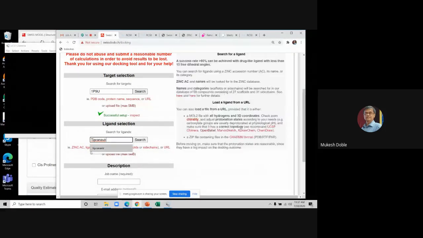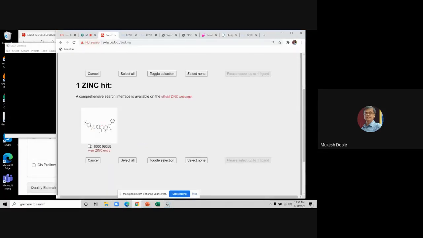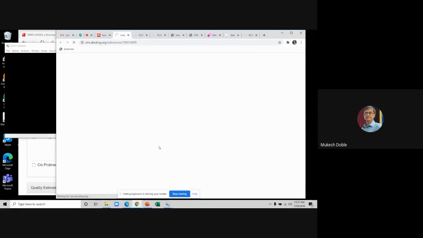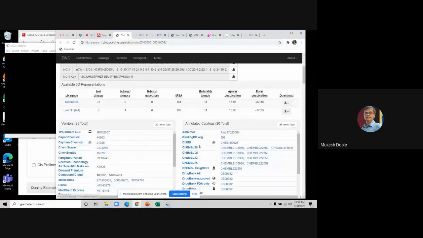We'll get the ZINC ID. I think it's there in ZINC also. Let's see. Okay, it is there in ZINC also. View the ZINC entry. Tripanavir is there. Remdesivir is not there in ZINC. So this is tripanavir, and it's there.